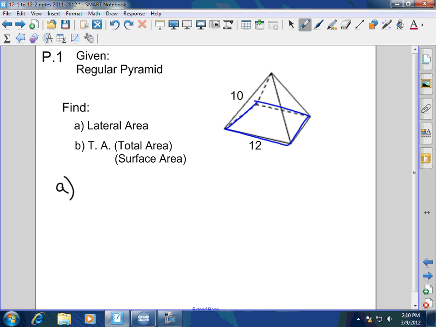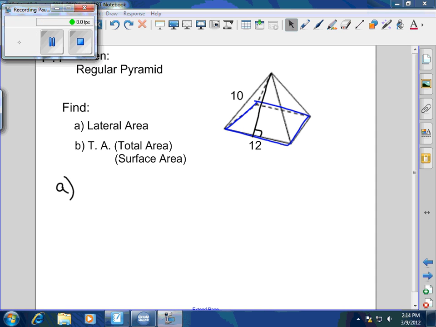However, since all of the triangles are the same, all I have to do is find the area for one face and multiply it by 4. So before I can do that, I need to find the height of the face, don't I? Not the height of the figure, but the height of the face, which is called the slant height. Slant height is perpendicular bisector.